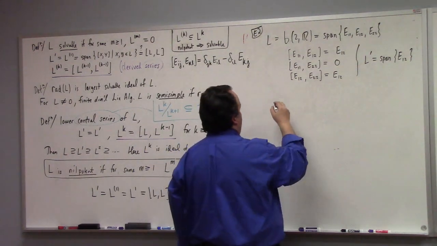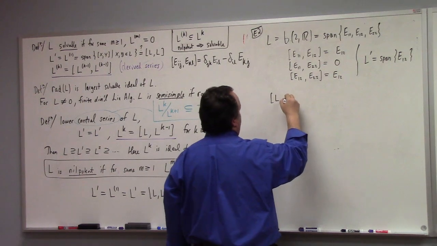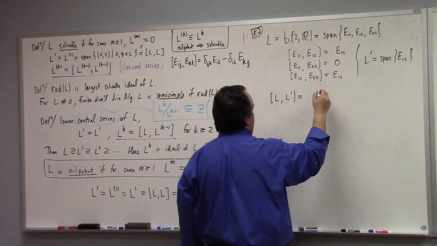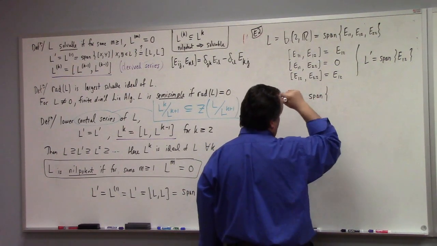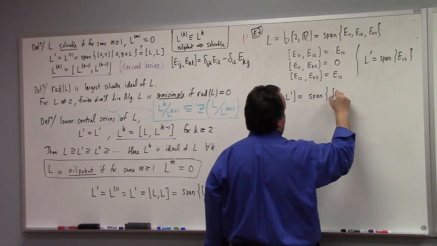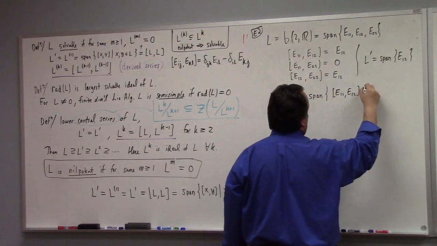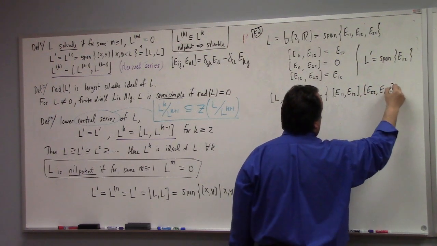And so if I look at the bracket of L with L1, what do I get? We're talking about the span of E11 with E12 or E22 with E12, right?